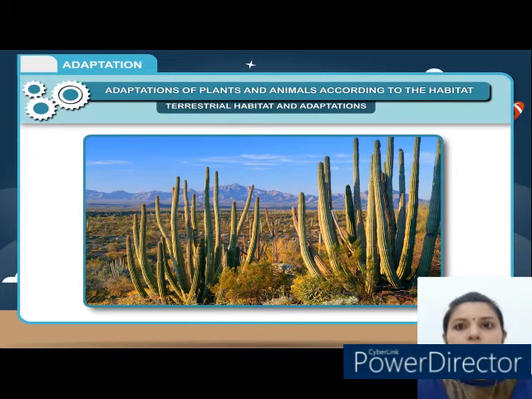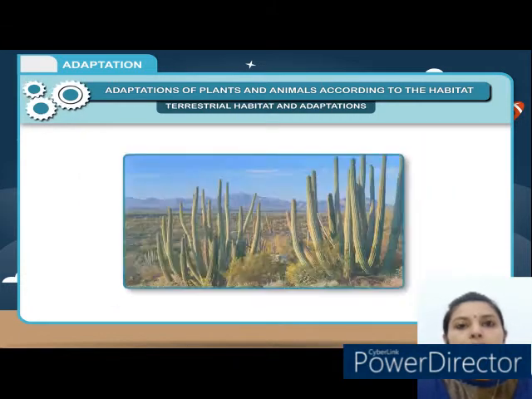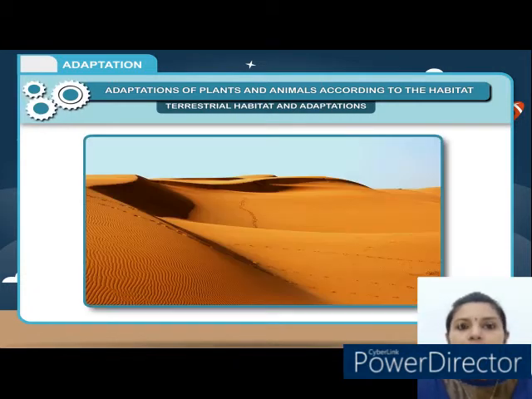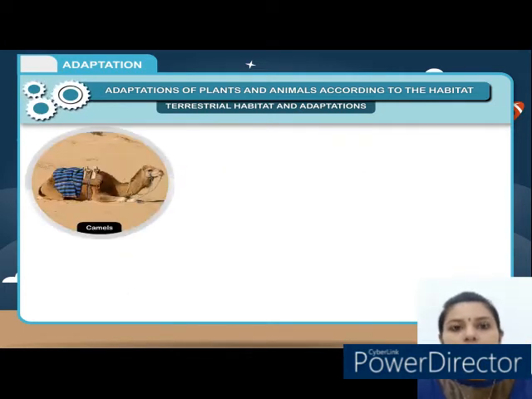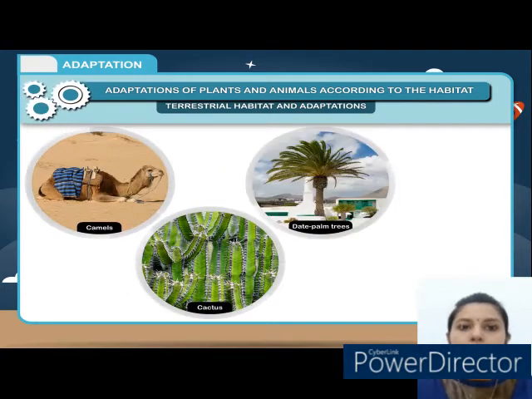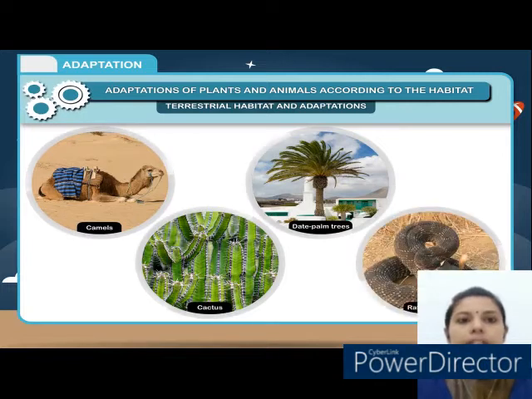Plants and animals of dry or desert areas are very different from those living in areas that receive a lot of rainfall. Camels, cactus, date palm, rattlesnake are examples of organisms found in desert.